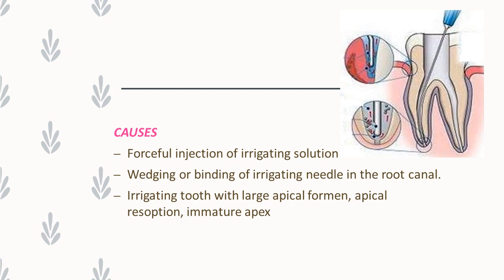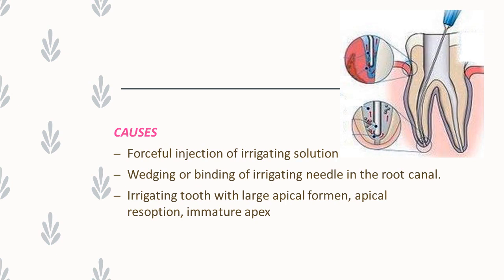When we irrigate, we take the irrigant with the help of a needle into the root canal. Now, this should be expressed slowly so that it does not extrude beyond the apex.